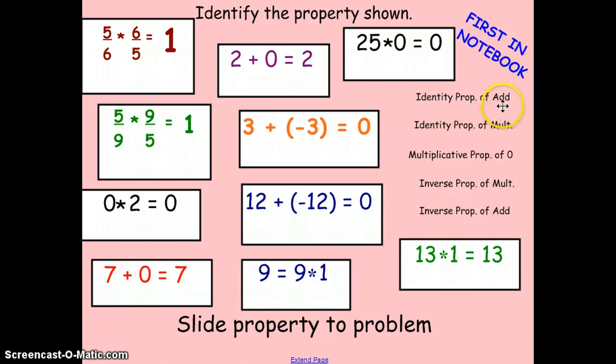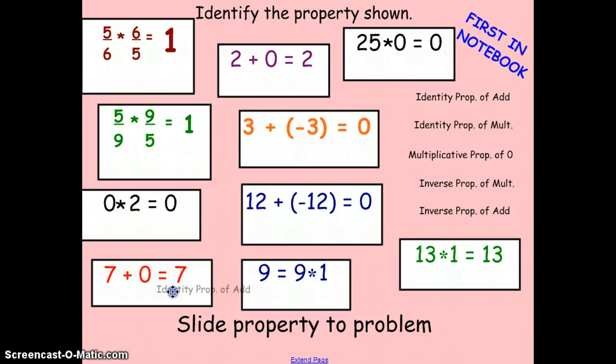We've got the identity property of addition, multiplication, multiplicative property of 0, inverse of multiplication, and inverse of addition. Now again, if you want to copy these in your notebook and then identify them, that's fine, or you can just do it along with me. So the identity property of addition. So I know that the number keeps its identity.